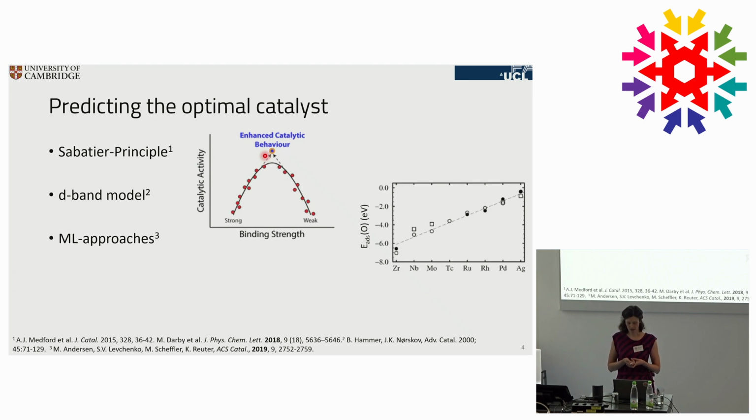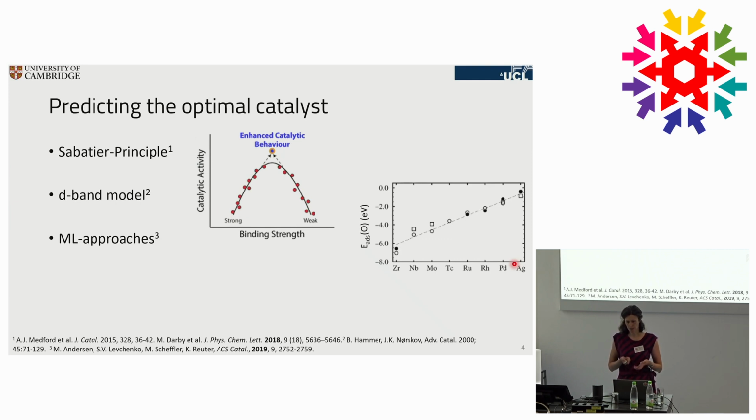This leads to the fact that if you move through the periodic table from zirconium, a 4d transition metal with very few electrons and a very high lying d-band center, you get a kind of monotonic decrease, or weakening, of the adsorption energy.